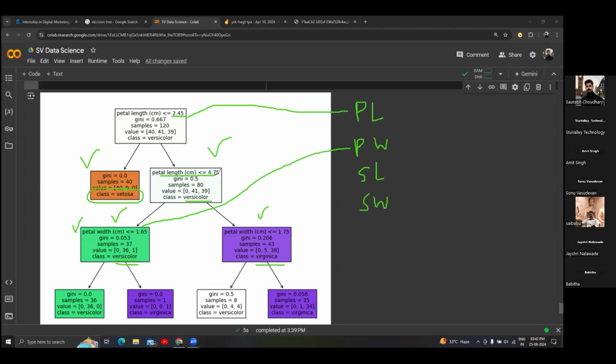And if it is greater than 4.7, you will go here, check further petal width again. If petal width is less than 1.65, then you will say it's for sure versicolor, otherwise you will say it's virginica. And here also you will check with less than 1.75, it could be versicolor, otherwise it is virginica.